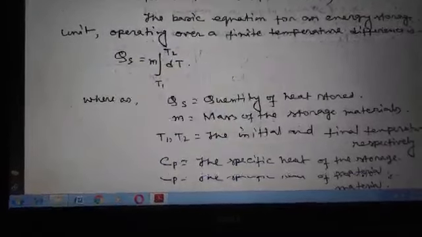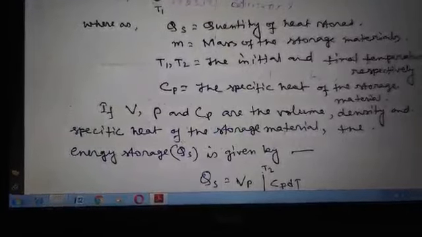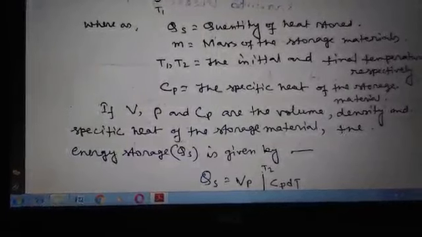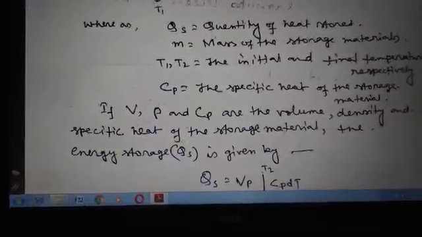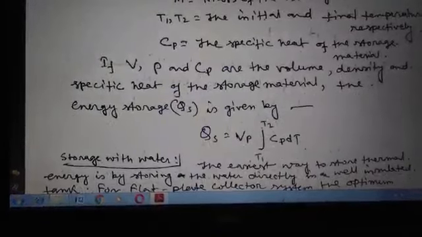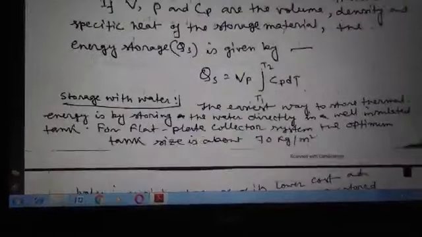If V, rho and Cp are the volume, density and specific heat of the storage materials, the energy storage Qs is given by V rho integration of T1 to T2 Cp dT.